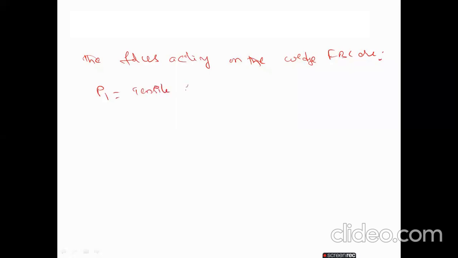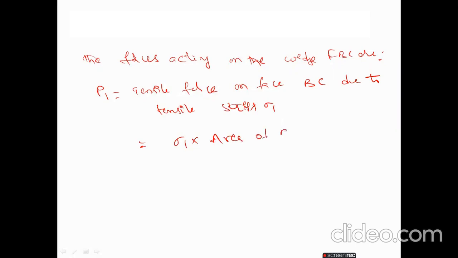The forces acting on the wedge FBC are: P1 equals the tensile force on face BC due to tensile stress sigma 1. That means sigma 1 into area of BC.